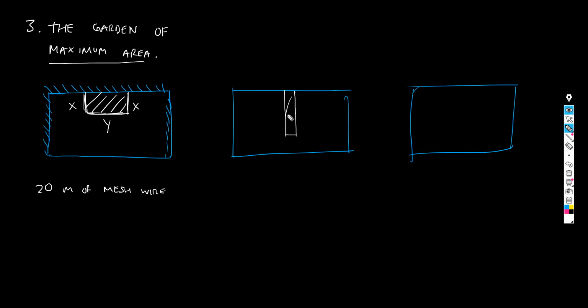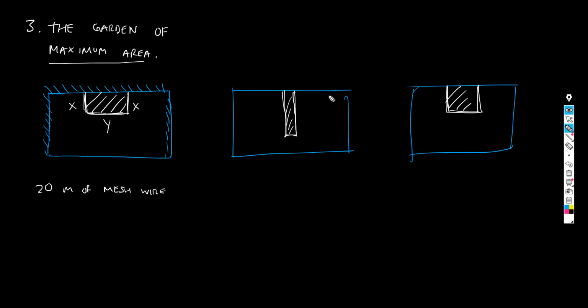This probably is going to have a different area than perhaps doing something more squarish. In both cases, this plus this plus this is your mesh wire, 20 meters. It's going to be the same length, but maybe the areas will come out different, and they will be different.